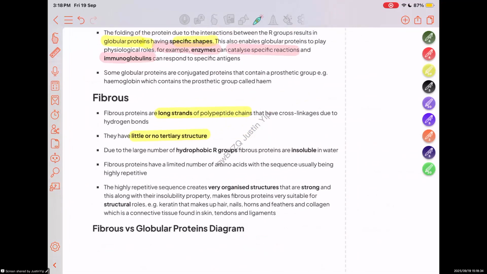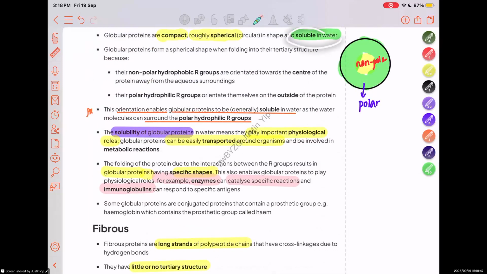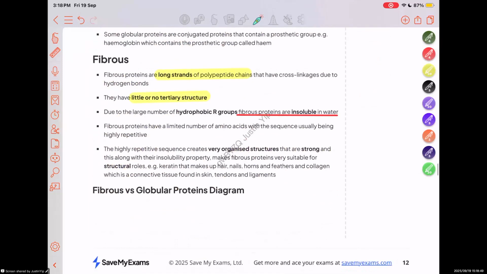Due to the large number of hydrophobic R groups, fibrous proteins are insoluble in water. Remember, fibrous protein cannot dissolve in water, but globular protein can. This is the major difference between them.